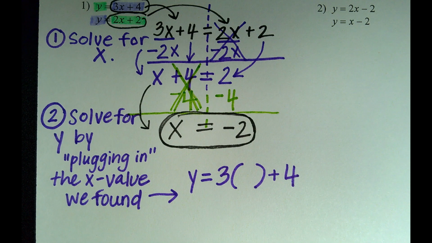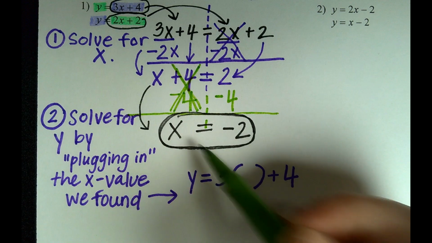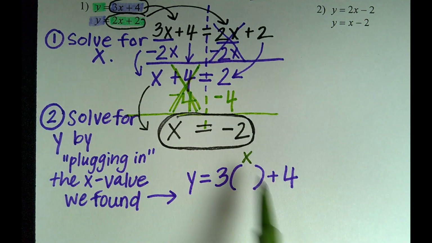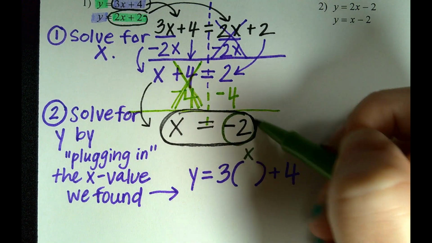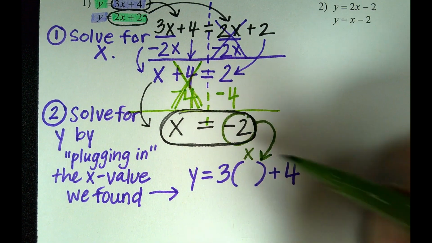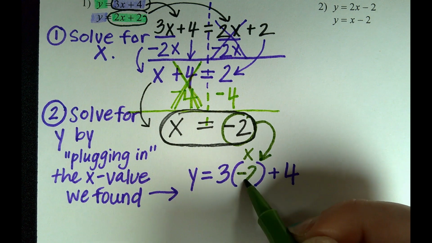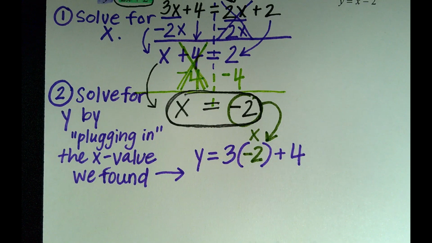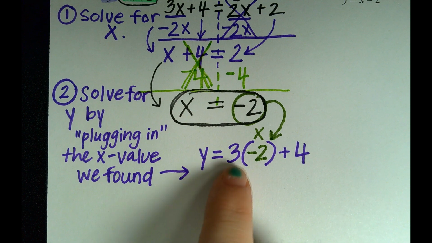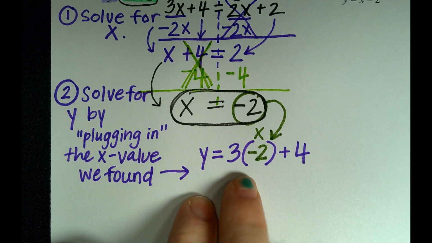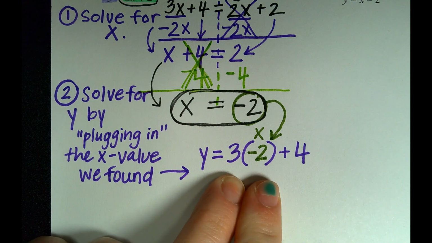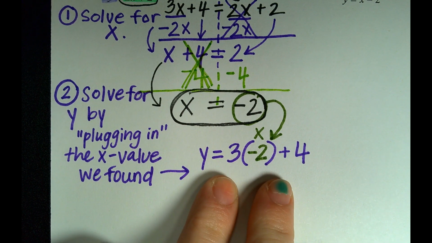And we just solved for x. x is -2. So I am just going to take my -2 and put it where I originally had x. Now remember, when we have a variable right next to a number, just a review of this, that means we're multiplying. 3x means 3 times x.